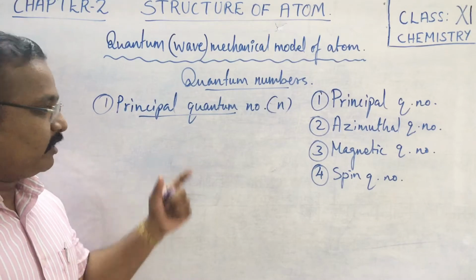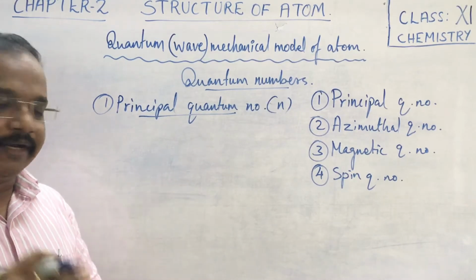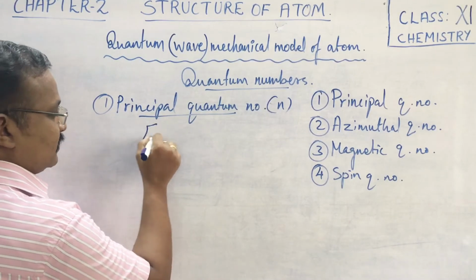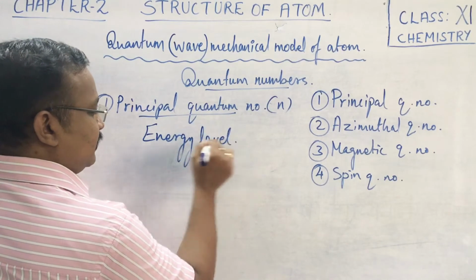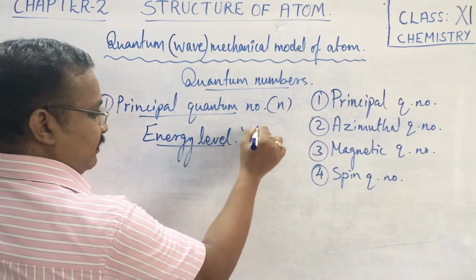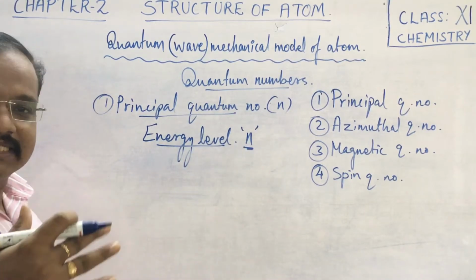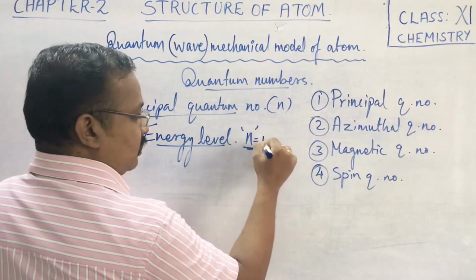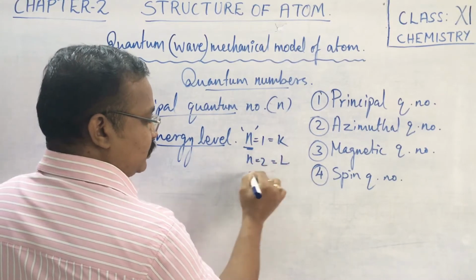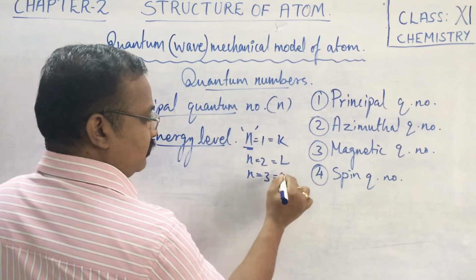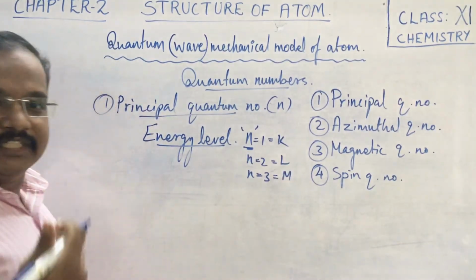The first quantum number explains Bohr's model, where the energy levels are explained. Energy levels means there are certain energy levels, that is n. When n is equal to 1 we have a K shell, when n is equal to 2 we have an L shell, n is equal to 3 we have an M shell, and so on.